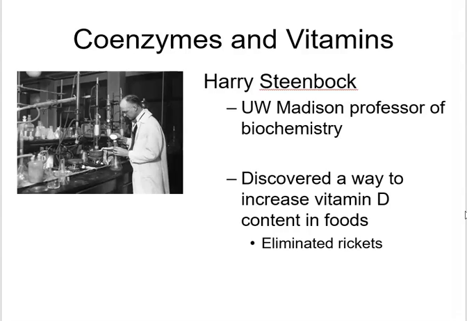Quaker Oats, one of the cereal manufacturers, tried to purchase the exclusive rights to use that method to increase vitamin D for $1 million in 1923. That's $10 million in today's dollars. But instead, they returned the money to the university to make future research and discovery possible.